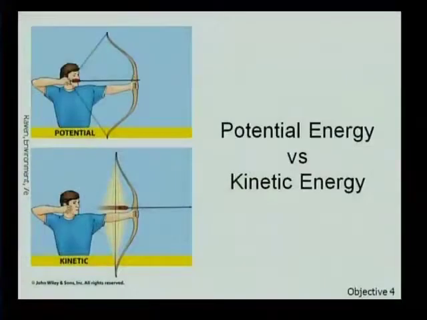So these are all examples of converting potential to kinetic energy. These are two forms of energy that are interchangeable, as you can see. So we can turn kinetic energy into potential energy by winding up the spring on a clock, for example. We can turn potential energy back into kinetic energy.